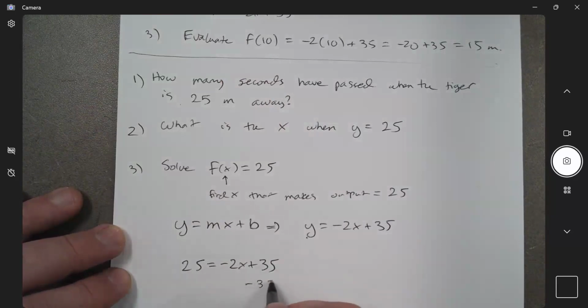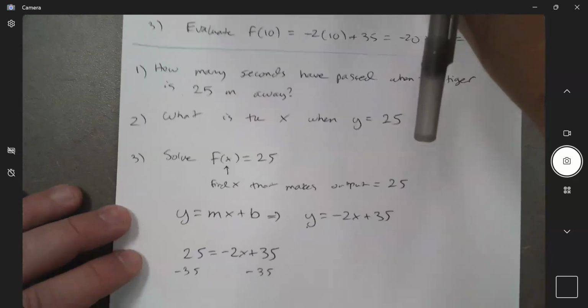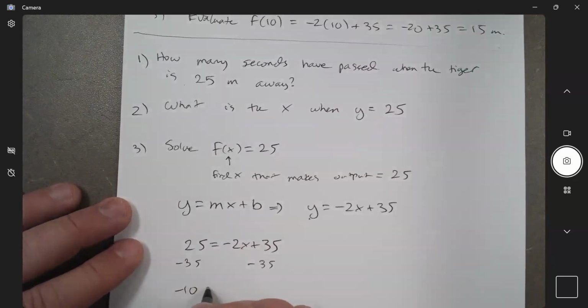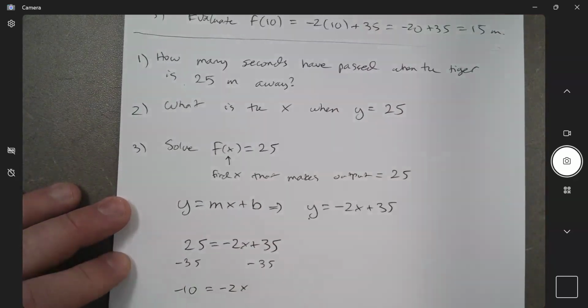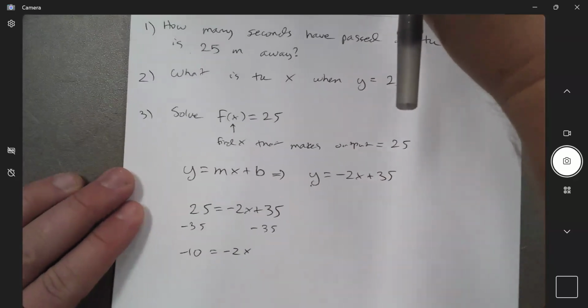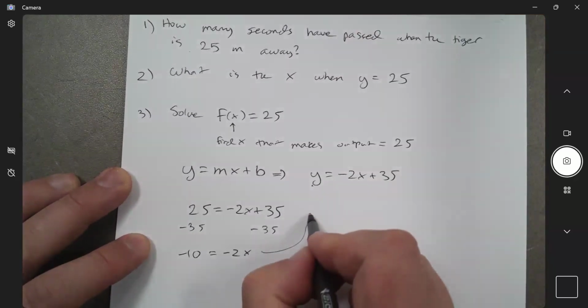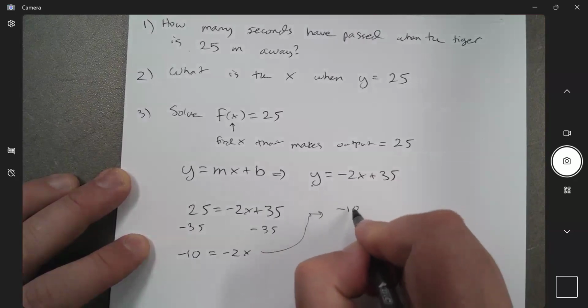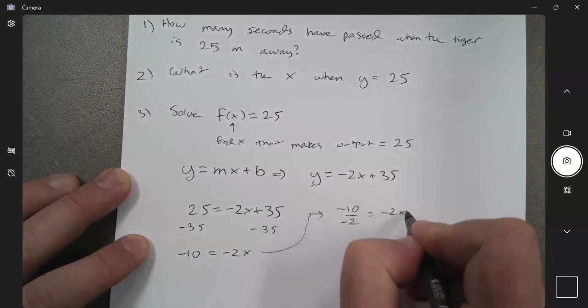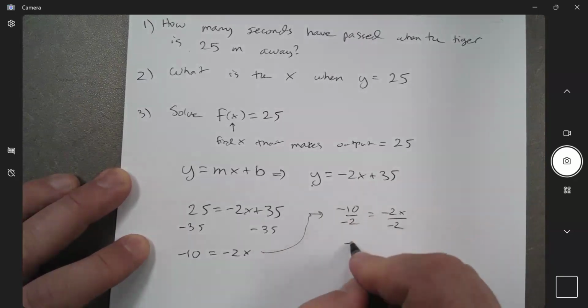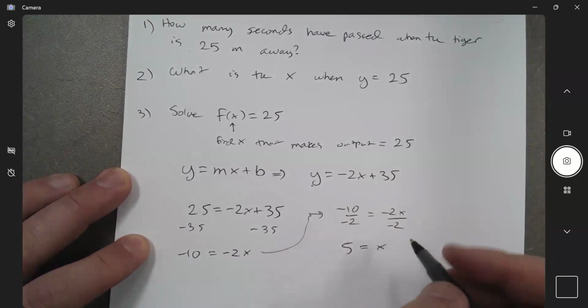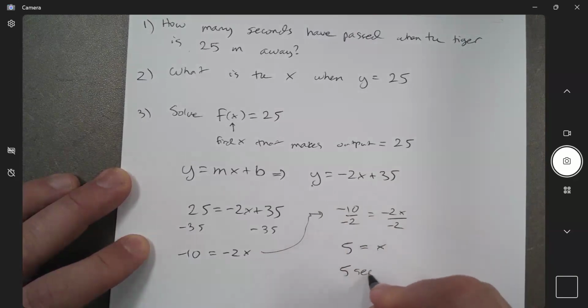First thing we do is subtract 35 from both sides. And we get negative 10 equals negative 2x. And then we divide both sides by negative 2. And we get 5 equals x. And so our answer is 5 seconds.